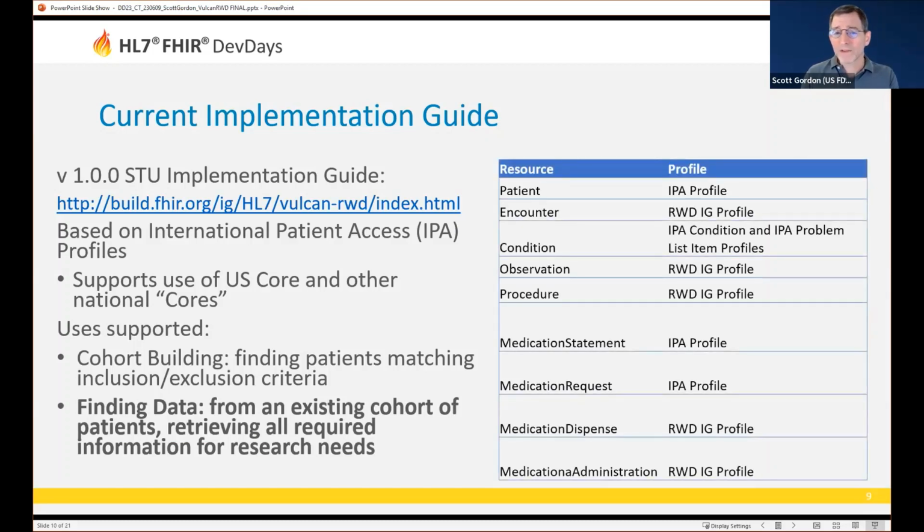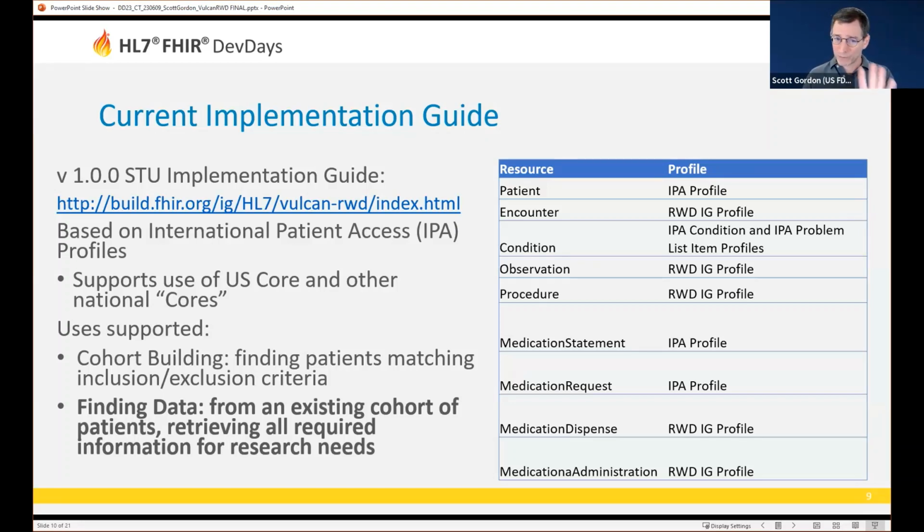I'm showing here the resources that are currently profiled in this implementation guide. As you can see, there are things that in the future could be added. This covers the basics, medications and laboratory observations, procedures, and so on. You might notice you don't see devices and other things that would be relevant as well.